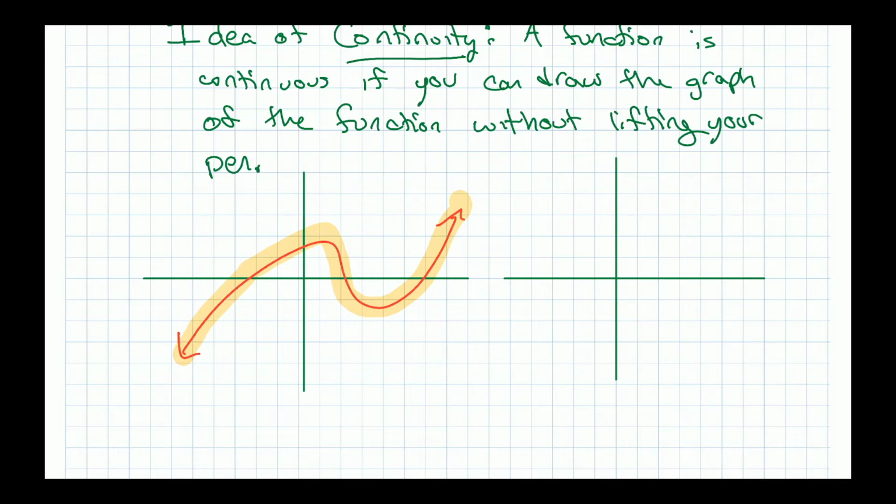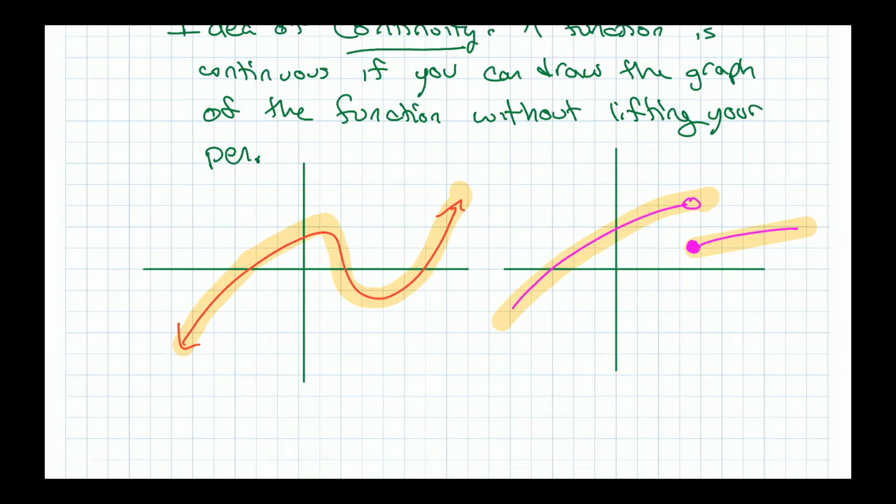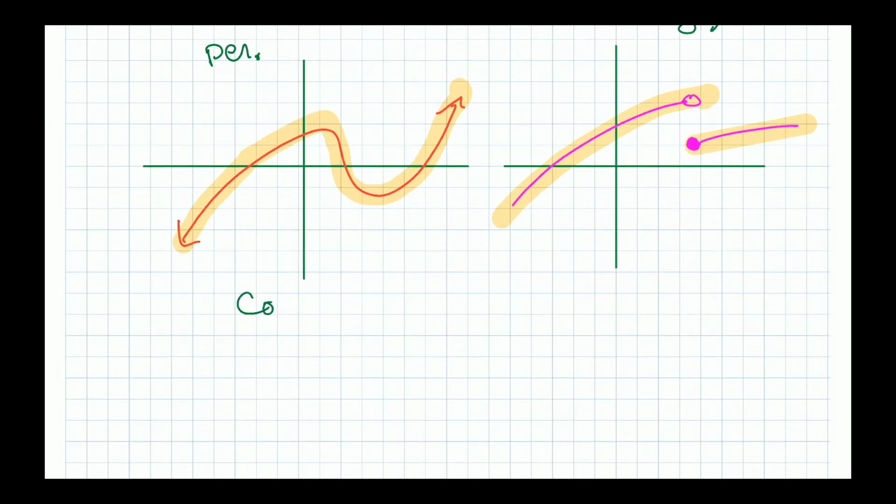Now, if you have a different kind of graph, like this kind of graph, then you can't. Because if you try to trace this graph, you get up there, you have to lift your pen, come down to the bottom, and then start again. So the graph on the left here is continuous, and the graph on the right is not continuous.